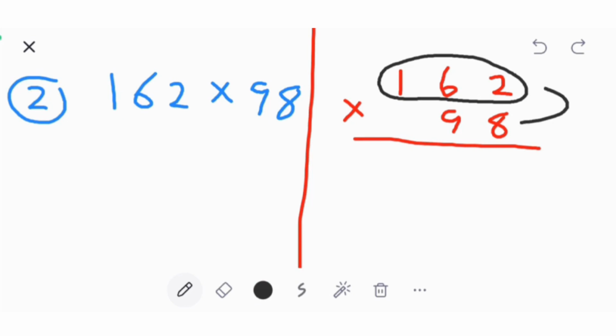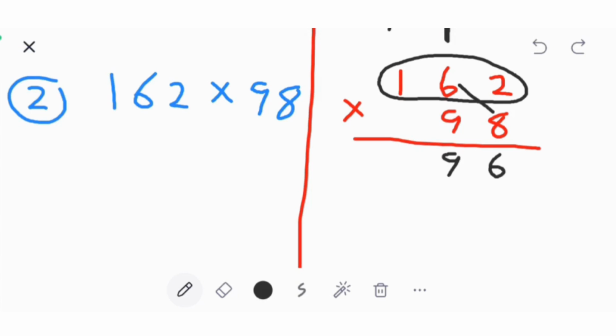So 8 visits 2. You do 2 times 8, which is 16. You write down 6. You put 1 on top of that 6 at the top. 8 visits 6. You do 8 times 6, which is 48. Plus this 1 at the top, that gives you 49. Write down 9.